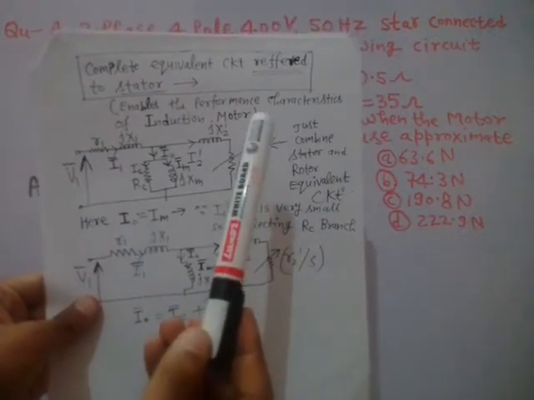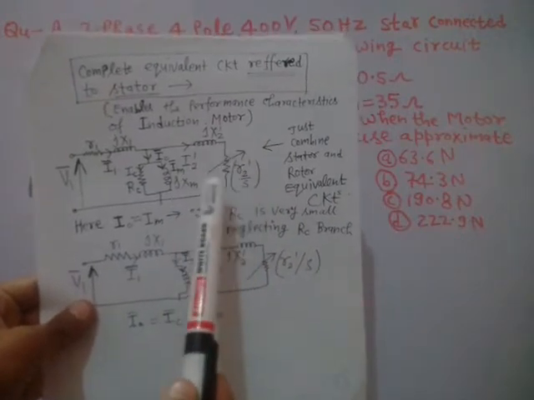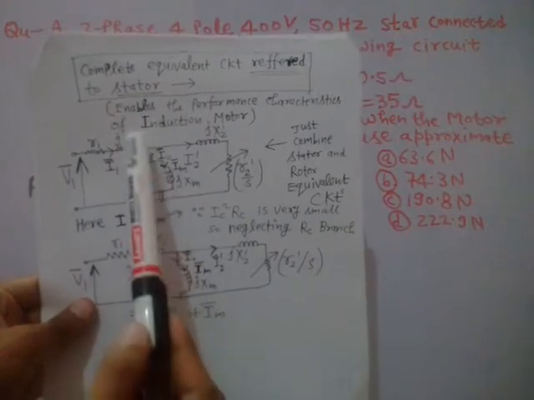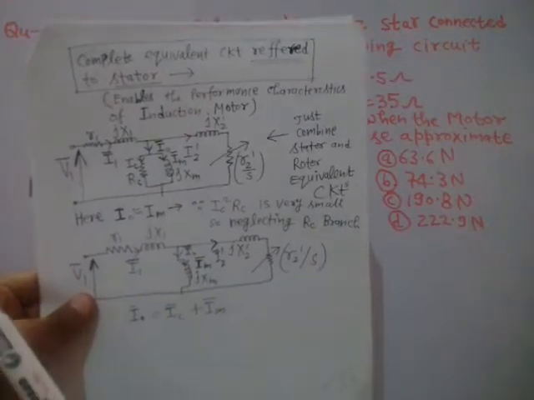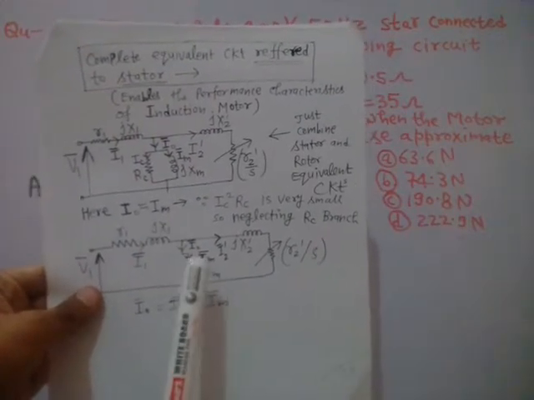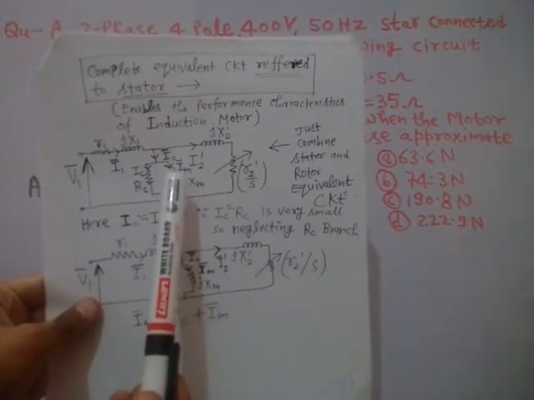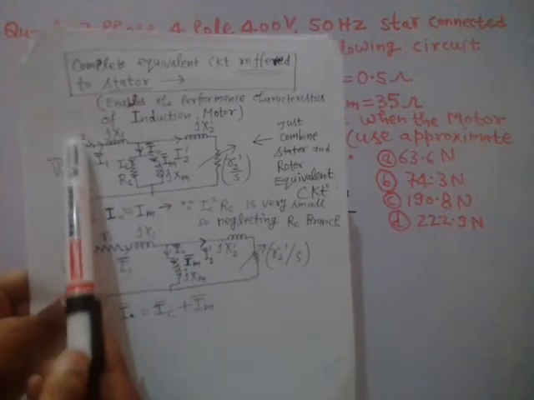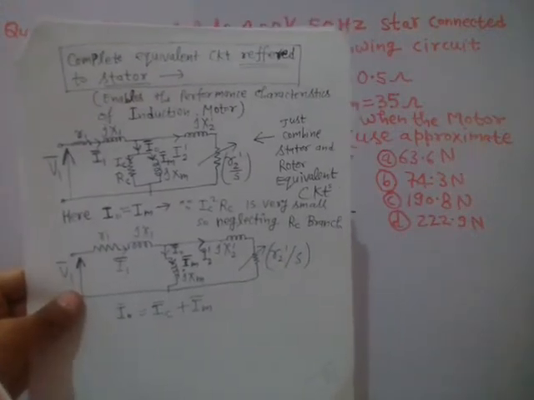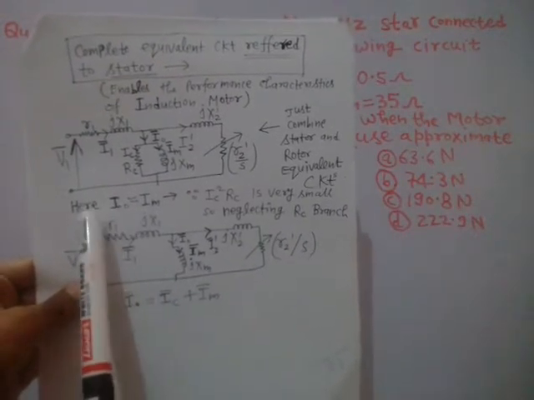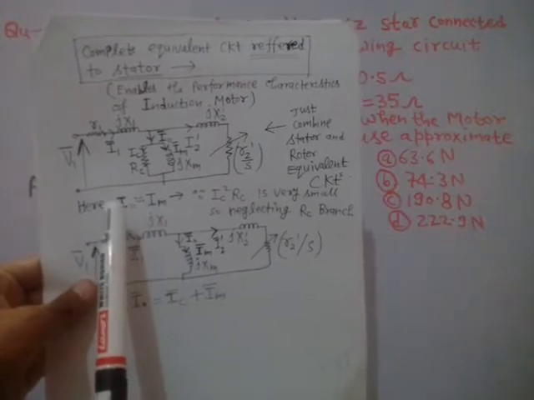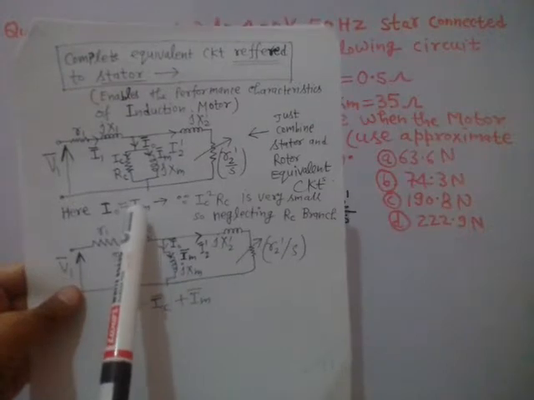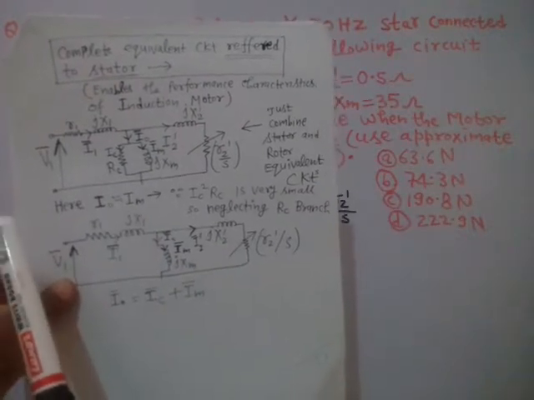When you combine the rotor equivalent circuit with the stator equivalent circuit, you get this shunt branch at the center. When you take approximation, you can shift this shunt branch to the supply side, with some approximations like the no load current is approximately equal to the magnetizing current Im, right?